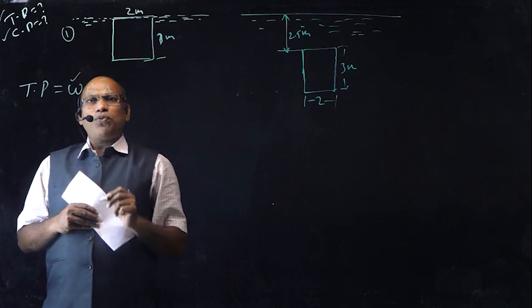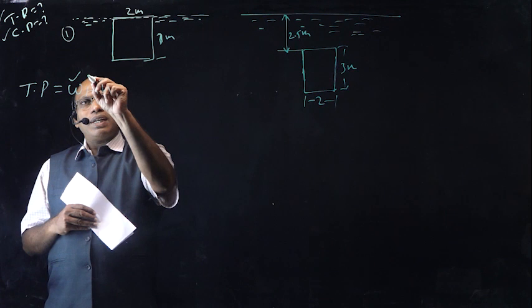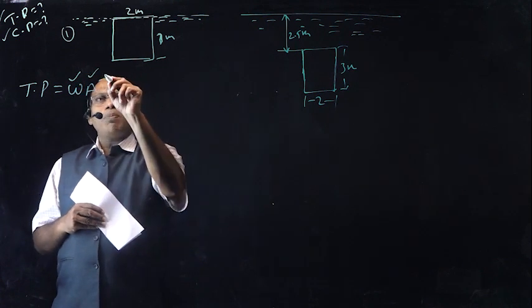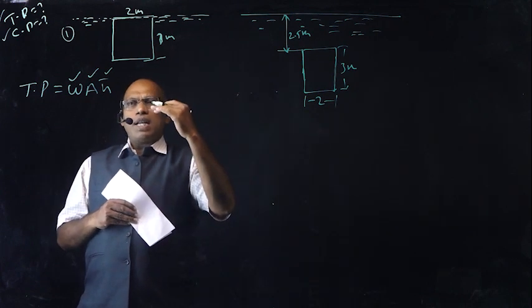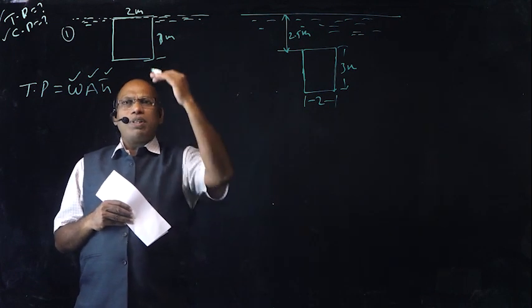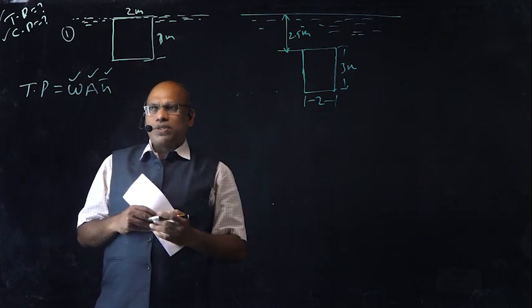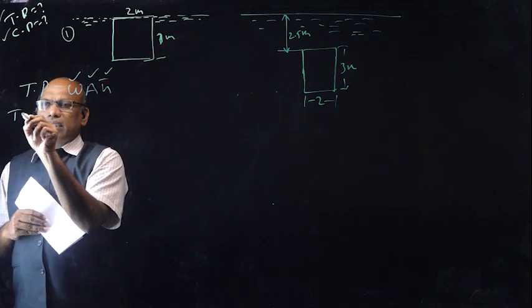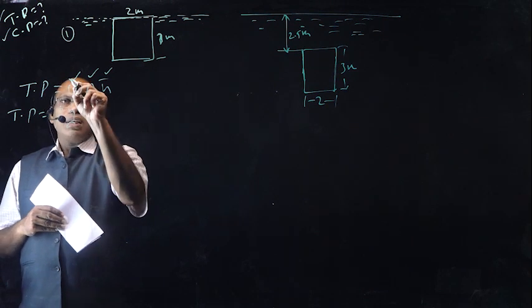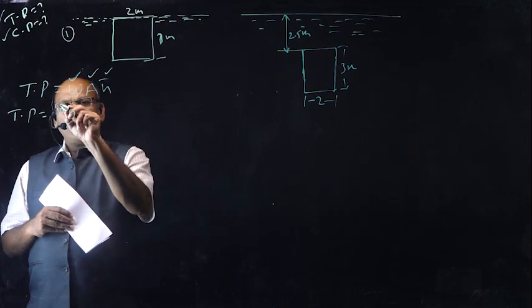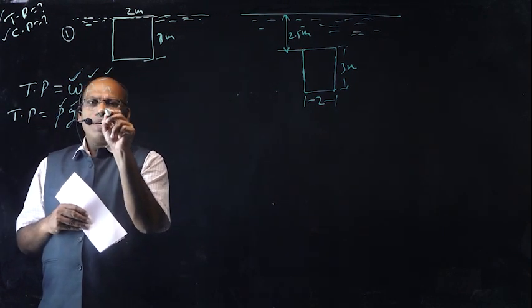W is the unit weight of water or unit weight of the flowing liquid, A is the area, and H bar is the distance from the free surface to the center of gravity of the object. This W is also written as rho g, mass density into acceleration due to gravity, into A into H bar.